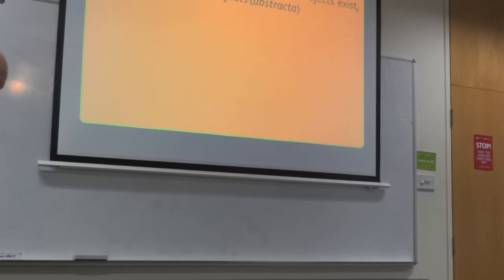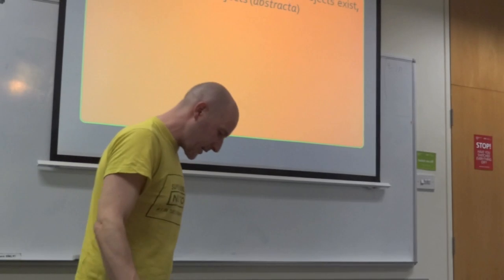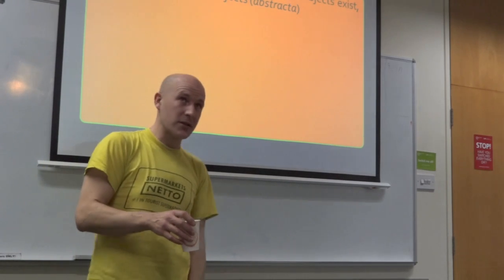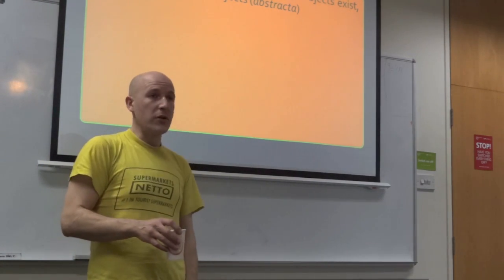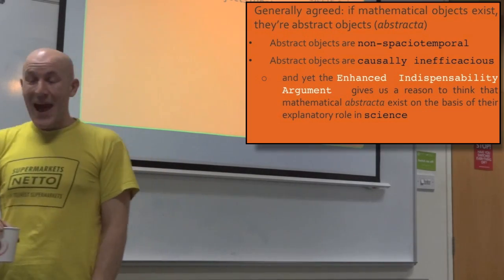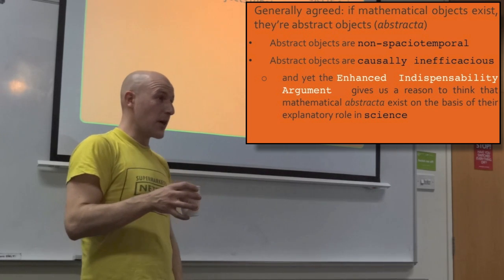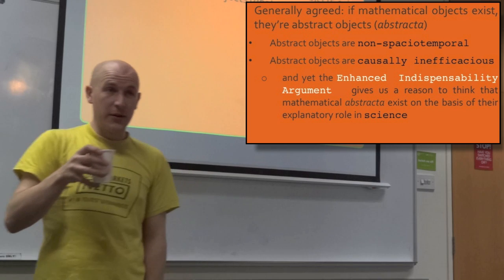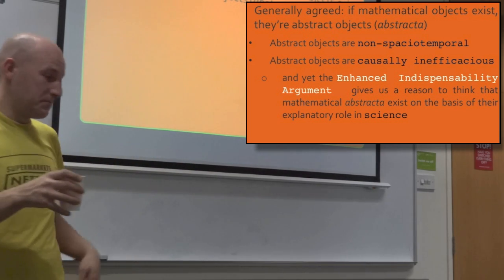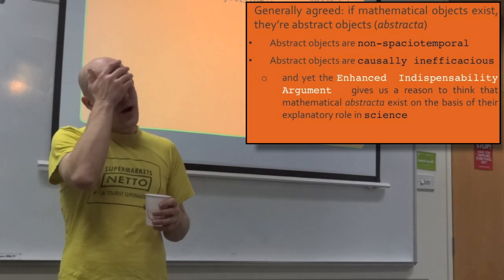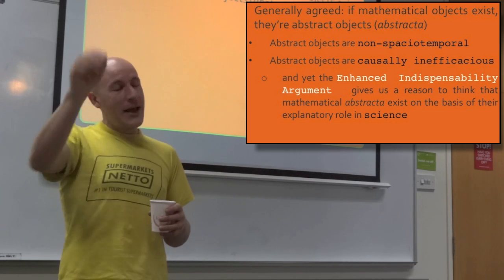What's interesting though is most people agree that if mathematical objects exist, and by mathematical objects I mean things like numbers, sets, functions, those will do, they're abstract objects, so they're not concrete objects, they're certainly not physical objects. They don't inhabit this world the way that tables do, or unicorns don't, or electrons do, right?